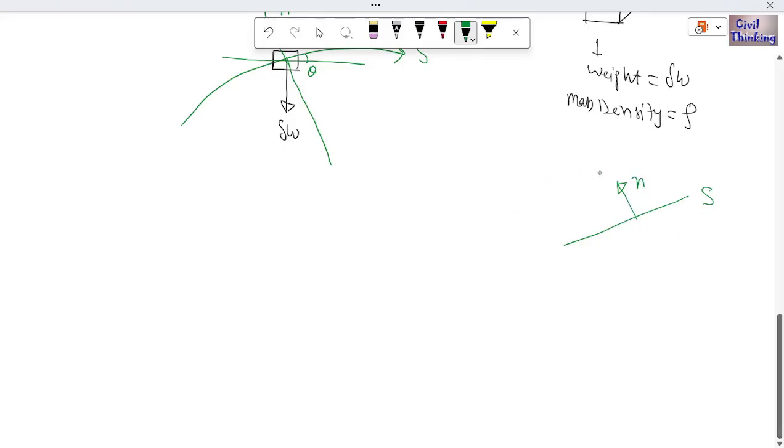But in this class we are going to see things along the streamline, because we are applying Newton's second law along the streamline, right? I will consider a few things which are normal, along n, normal to the streamline, but the whole of the class is going to be Newton's second law along the streamline.